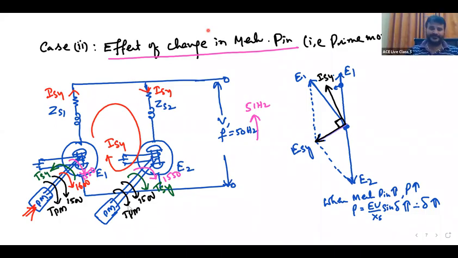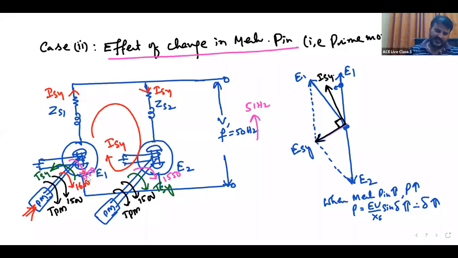Dear students, listen. When the mechanical power input of machine 1 increases, then synchronizing power will come into the picture. That is the active power. With respect to synchronizing power, machine 1 acts as a generator and machine 2 acts as a motor.